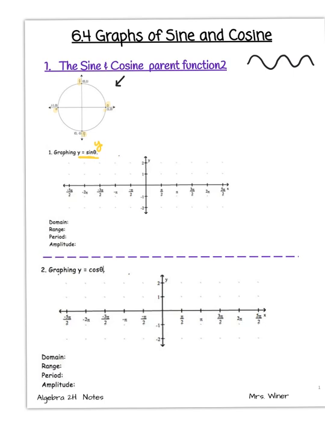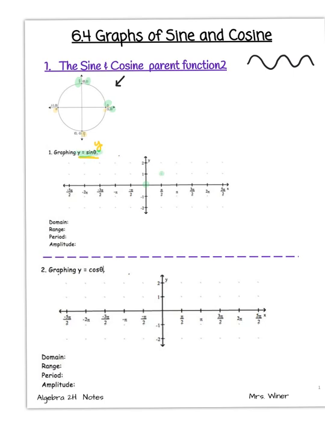At the angle of 0, I know that the y value is 0, so at 0 I'm going to plot 0. Then at pi over 2, I'm going to plot the y value of 1. Why the y value? Because it's sine, and sine is y.